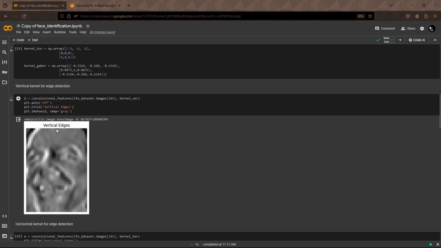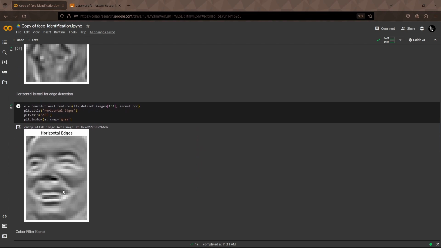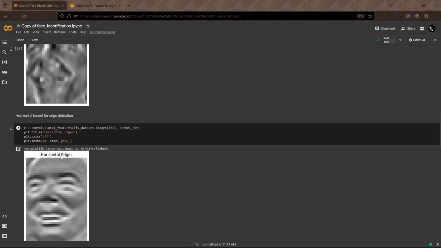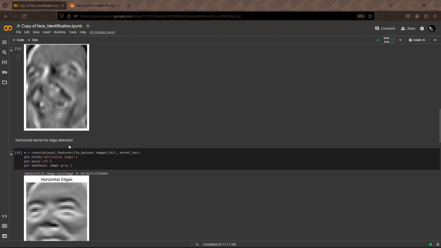When we ran the vertical edge matrix on this image, this is the obtained image, and it has highlighted all the vertical edges. If we compare this to horizontal edges, all the lines here are horizontal, like this chin line, compared to this one, where all the lines are more or less vertical or somewhat diagonal. So this is the result.